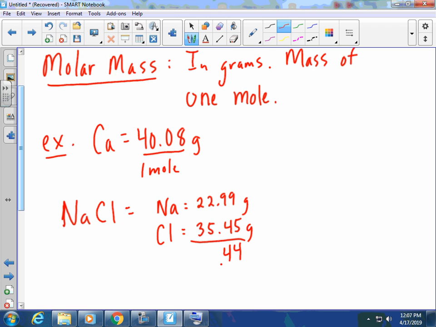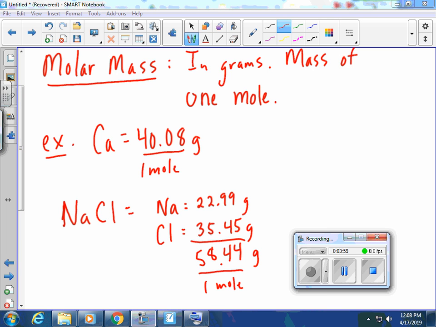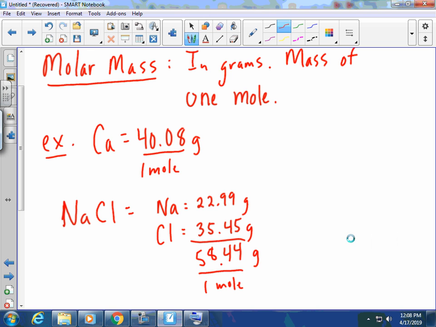So you should get 58.44 grams, again, grams per 1 mole. Okay, so that means the mass of 1 mole of NaCl would just be 58.44 grams per mole. How many grams per mole? 58.44 grams per 1 mole.